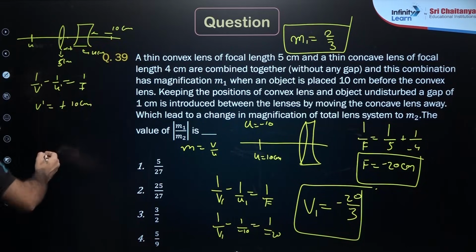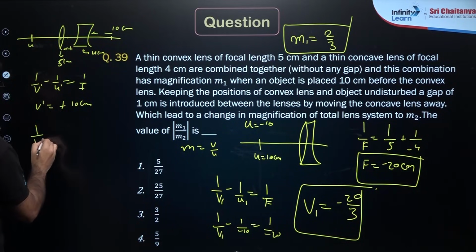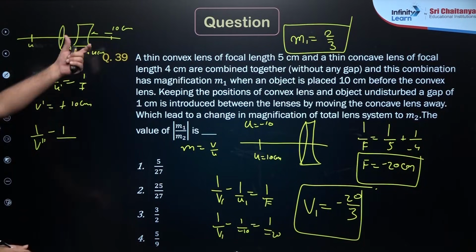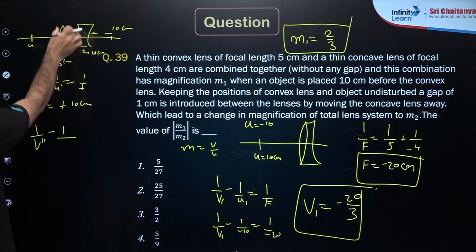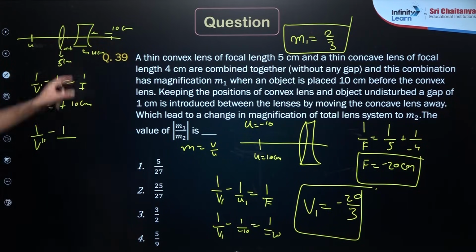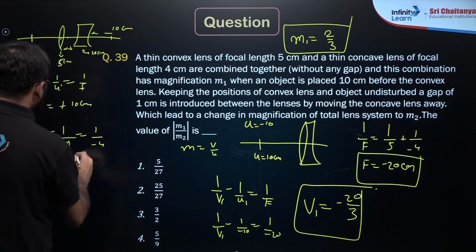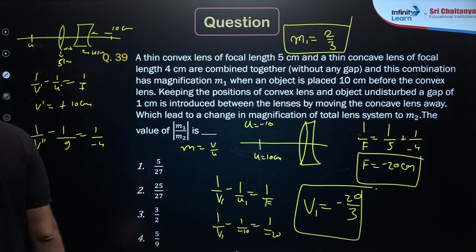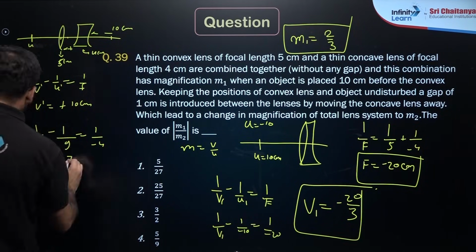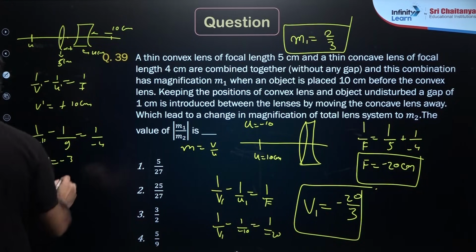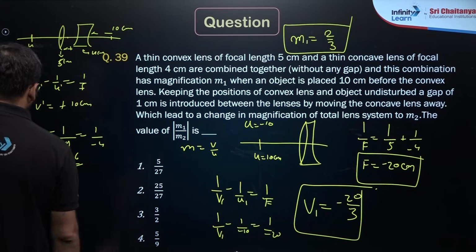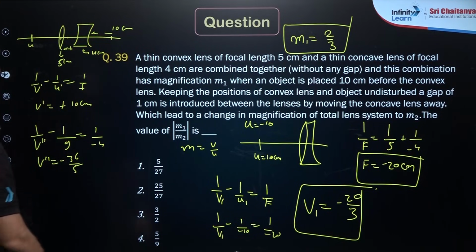So what is this distance? For the second condition, 1 upon V double dash minus 1 upon U. What is my U? Because from here to here is 10 centimeter, but from this one it is only 9 centimeter. So 1 upon 9 equals to 1 upon minus 4. So this one you can solve. So the second V you can get, that is minus 36 by 5. So in both conditions you can get the magnification.